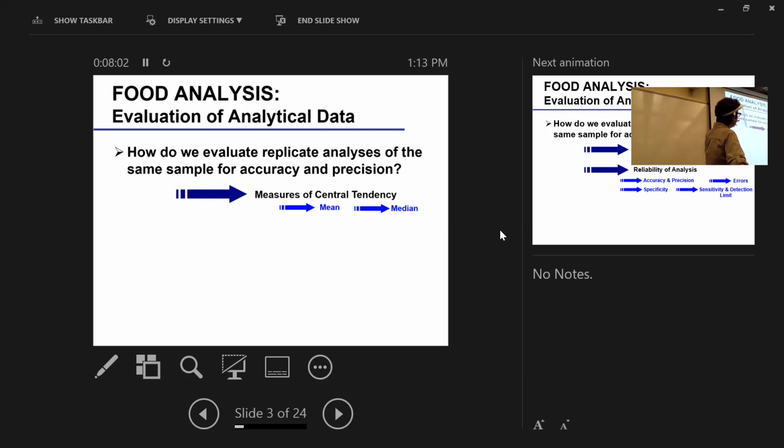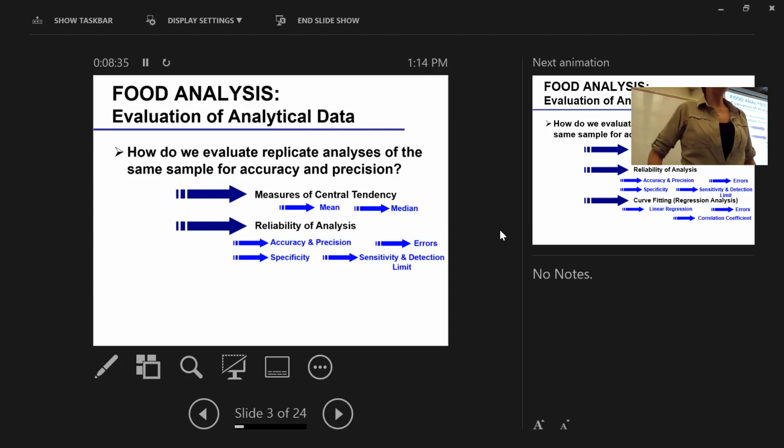In order to evaluate your accuracy and precision, you start by calculating the mean, the average. Sometimes you look at the median, but in food analysis we don't care much about the median. On the test, when I give you the stats, I'll tell you the median so that you know where you stand. But in general, for data such as the data we generate, we care mostly about the mean.